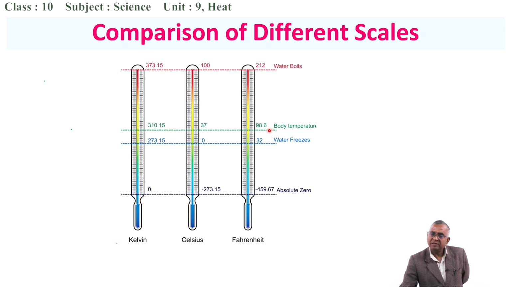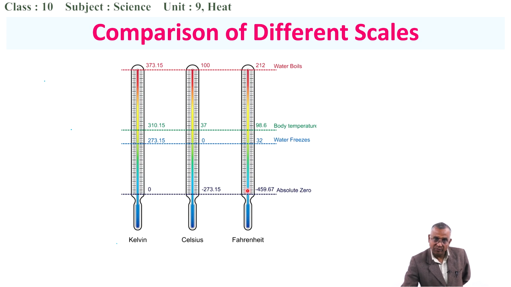Body temperature is also compared here, normal body temperature. If a person is not suffering from fever, then in degree Celsius, 37 degrees Celsius, in Fahrenheit 98.6 Fahrenheit, and in Kelvin 310.15, or you can say 310 Kelvin. Yes, and one term is absolute zero, about which we mentioned when you were given the concept of thermal energy.